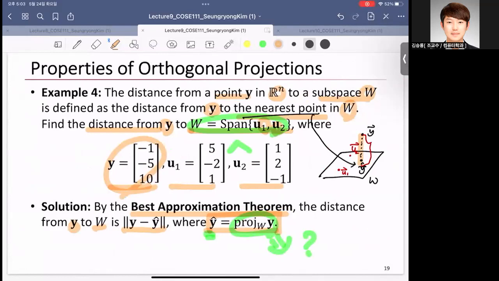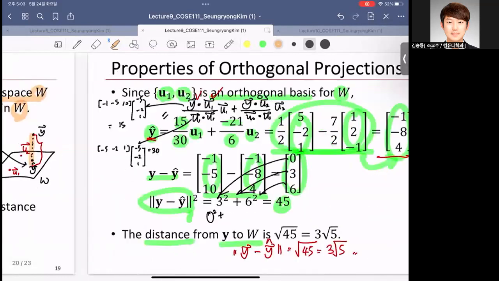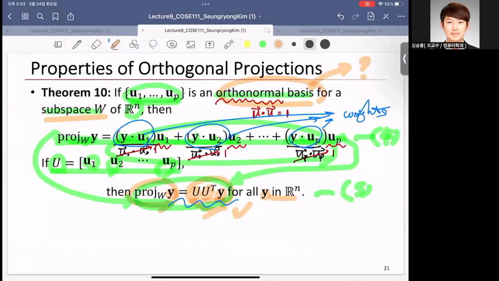And we also discussed the properties of the orthogonal projection. We also discussed the orthonormal basis, not the orthogonal basis, by simply normalizing each orthogonal basis to become length 1, looks like this.